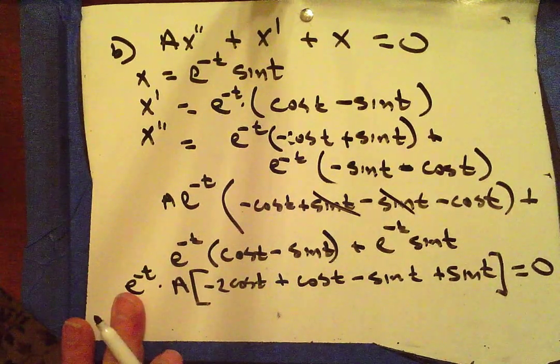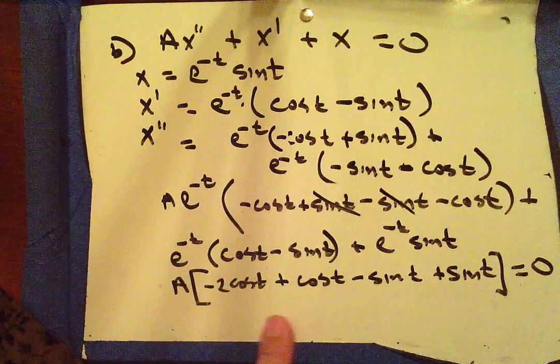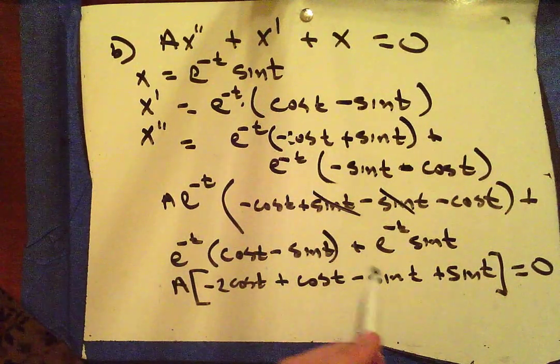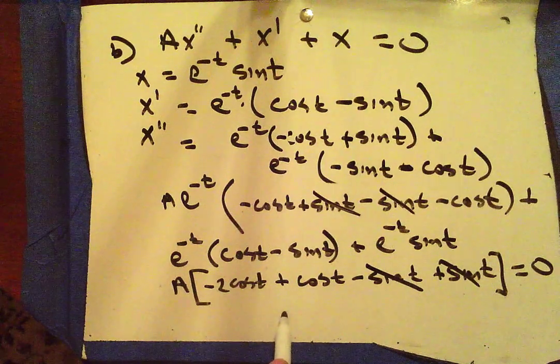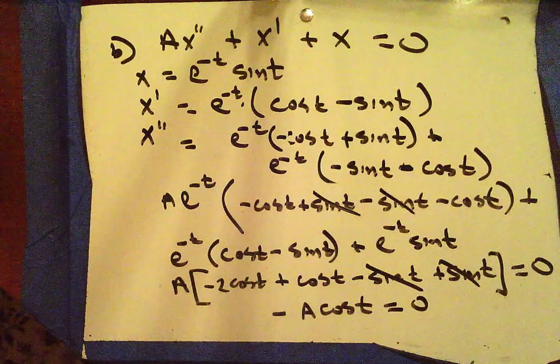Well, this never equals 0, so I'm just going to be setting this equal to 0. Okay, and combine like terms, these go away, and I get negative a cosine t equals 0.